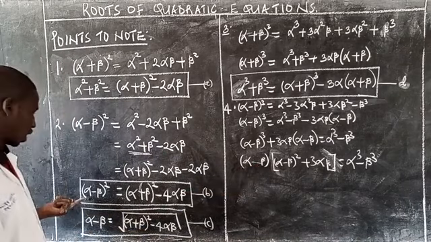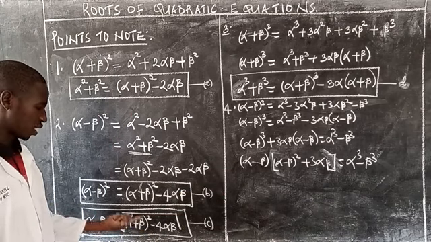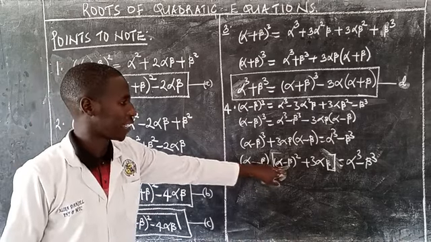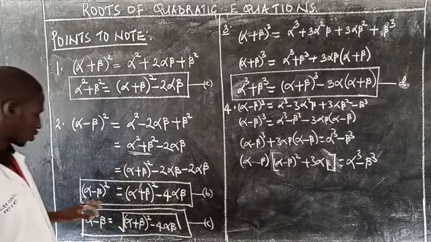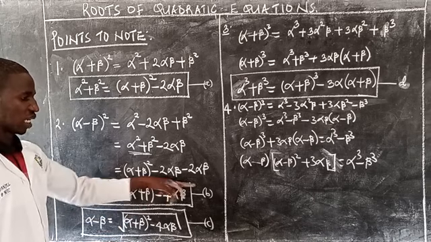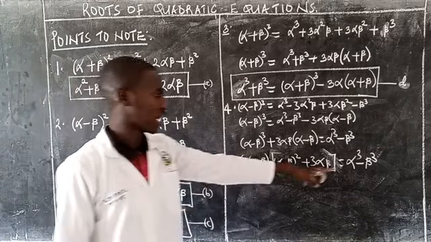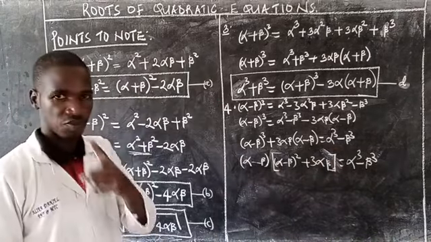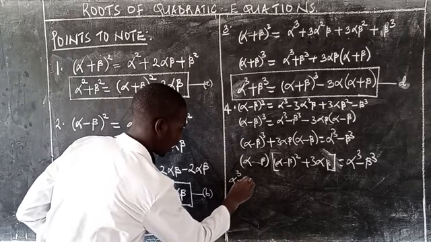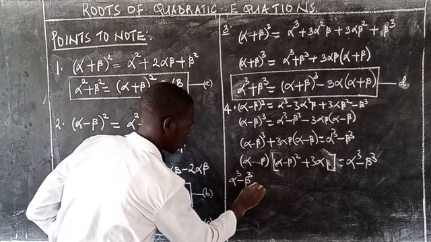Now from there, you see we have alpha minus beta. Previously, we had already seen in equation C that alpha minus beta is the square root of (alpha plus beta) squared minus 4 alpha beta. And also inside here, we have (alpha minus beta) squared, which we had also already seen. So we substitute B and C into this equation that gives us alpha cubed minus beta cubed.